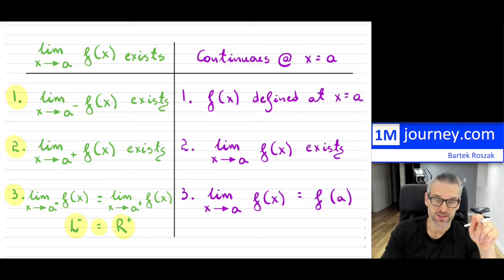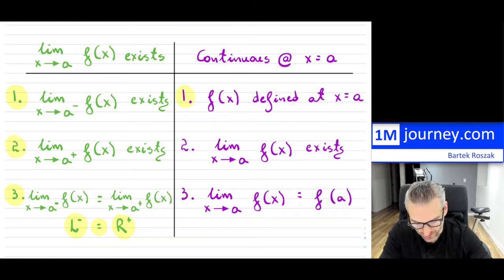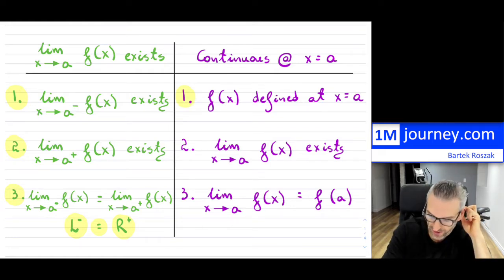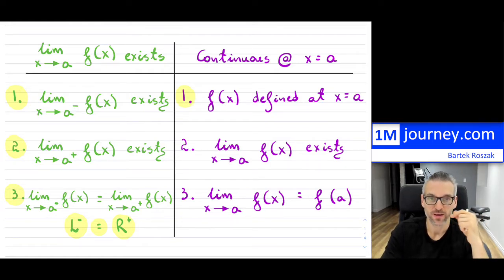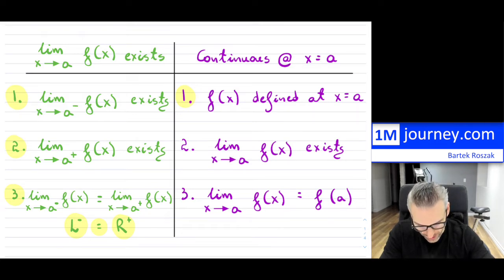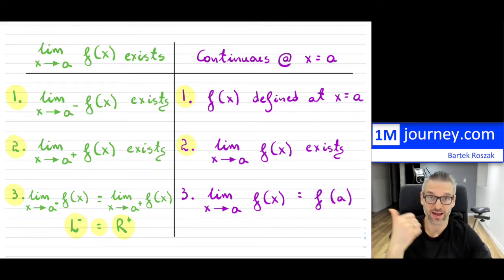Now, on the right-hand side, we see the continuity properties that we need to hold. First, we need our function to be defined at x equal to a. We need the limit to exist, so the left-hand side has to hold true.